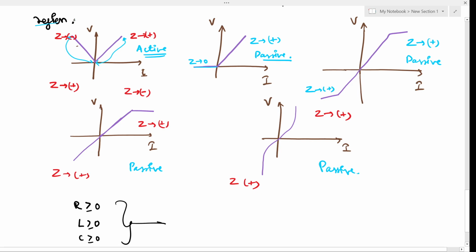This is the situation when R is greater than or equal to 0, L is greater than or equal to 0, C is greater than or equal to 0. Means voltage across the inductor is greater than or equal to 0. Means this is the condition for a passive element.